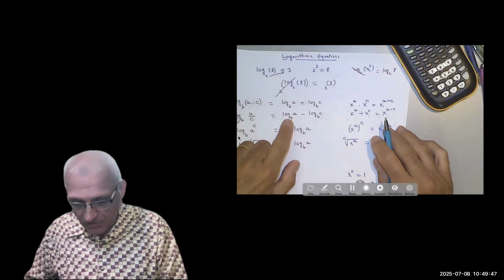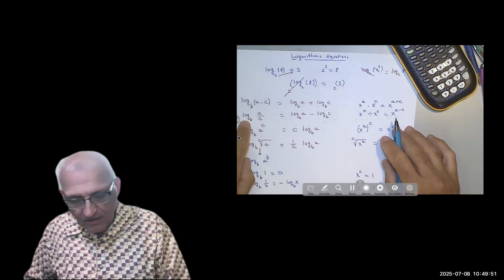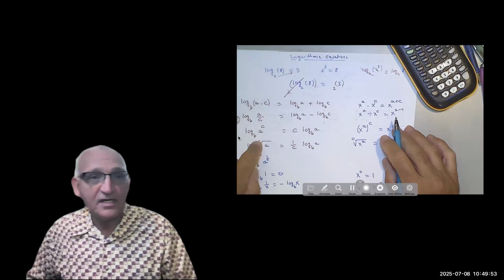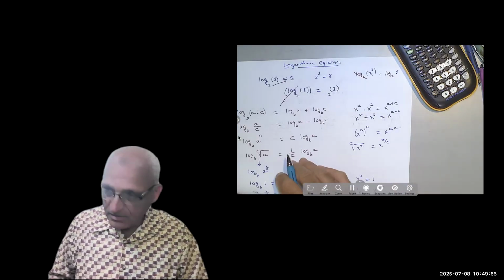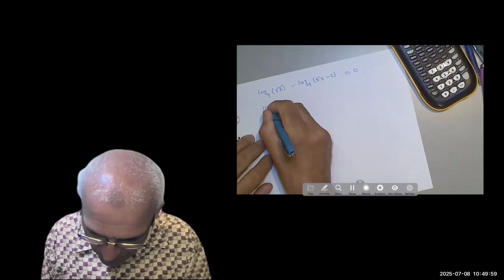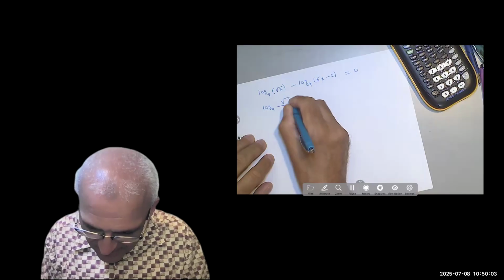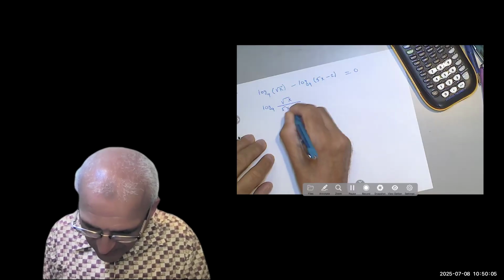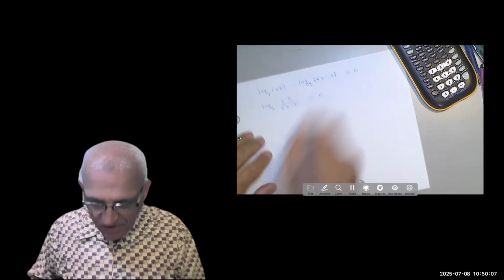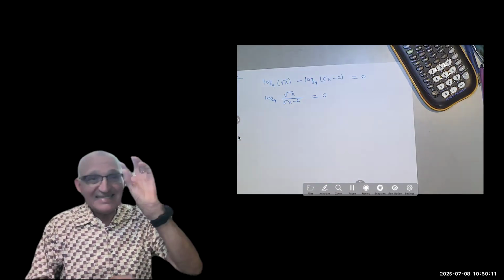Log to the base b minus log to the same base, you can write it as log of the first over the second. So I can write this as log to the base 9 of root x divided by 5x minus 2 equals 0. Okay, so I simplify that as a single log.